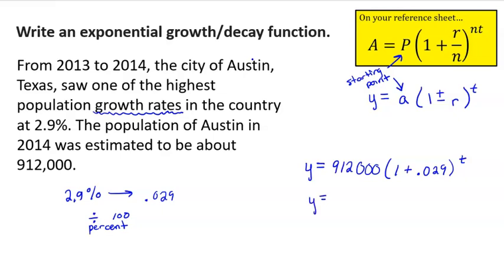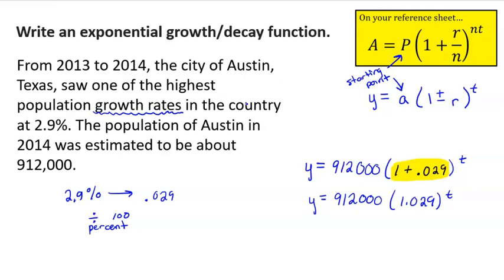They might also have you put this part together, and so you might see it as 912,000 times 1.029 to the t.